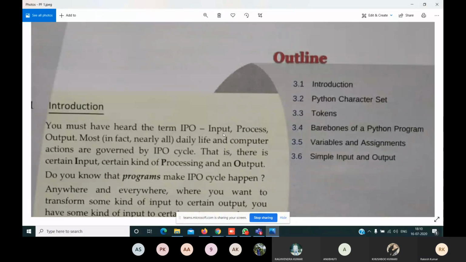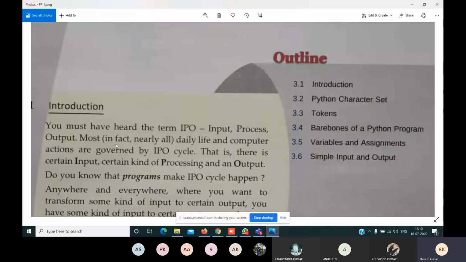It means you give the data, raw facts and figures, then it is processed, then you get the output.